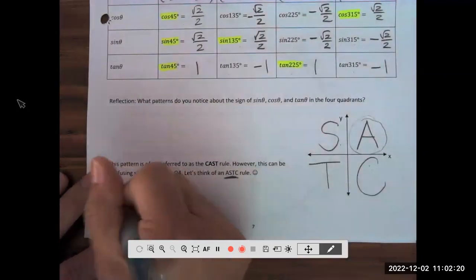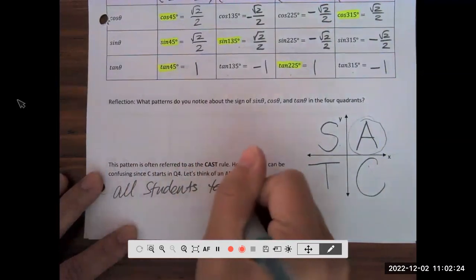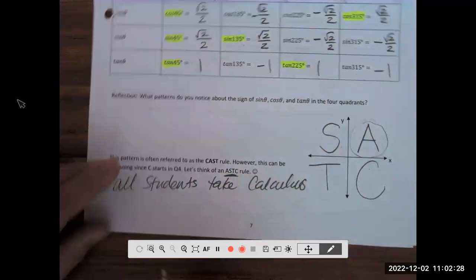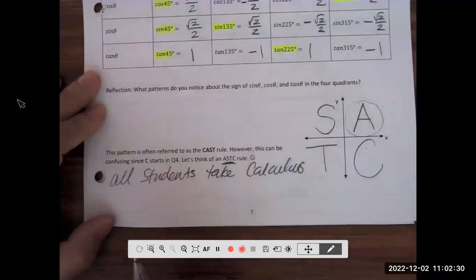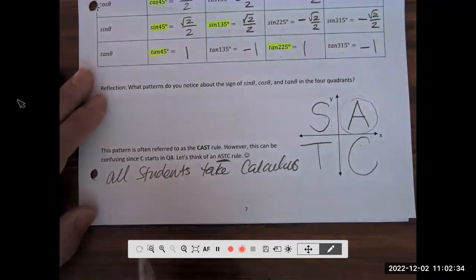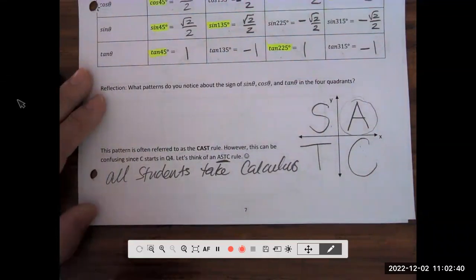That's one that I've heard. Can you think of another acronym that's easy to remember? All sine tan cos. But that might be hard because then you might mix it up. So what other one can you think of?